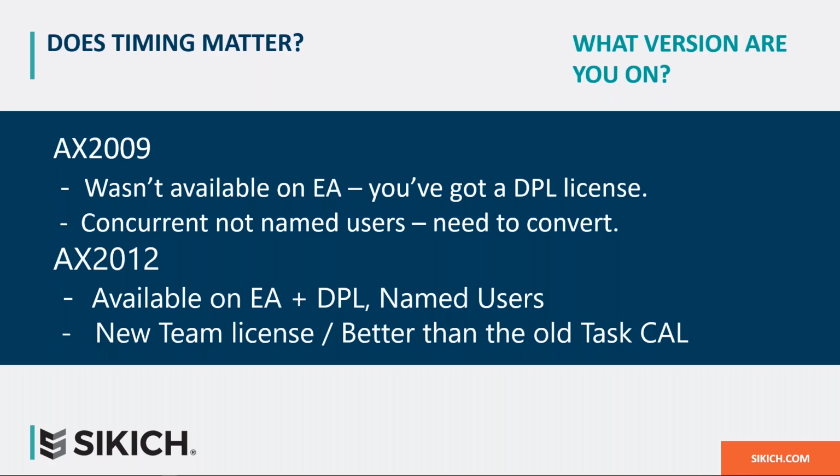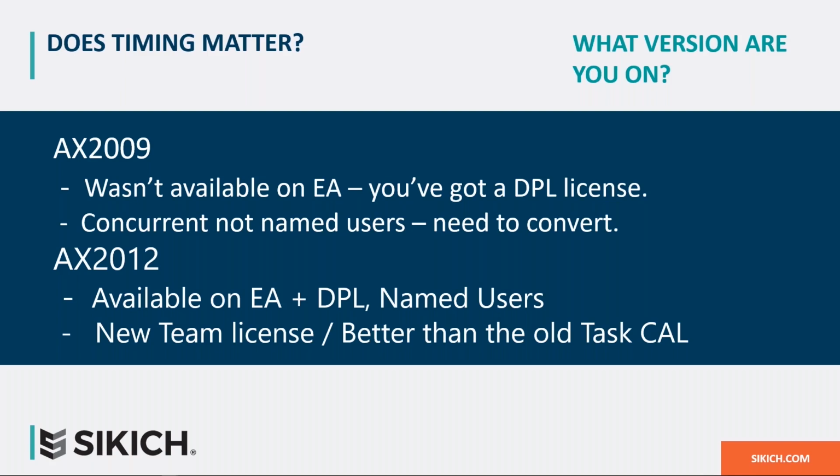All right, so Dynamics 2009 licenses were for concurrent users. So what you really have to do is move your licenses from concurrent to named. That can be a little bit of a heavy lifting exercise to work out exactly what you need for your new licenses, because there are new categories: full users, activity, and team users.